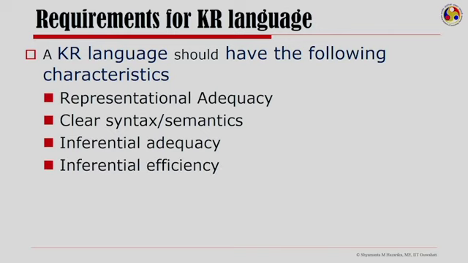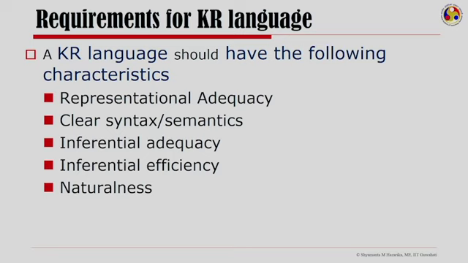It must be that when I am deriving new knowledge from existing statements in the knowledge representation, it should do it efficiently, and that is what is called inferential efficiency. And finally, the knowledge representation that I have should have some naturalness, in the sense that a human being should be able to make out what is being represented by actually looking at it and trying to get the essence of the thing.